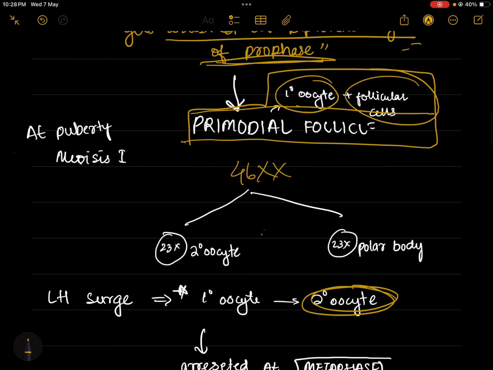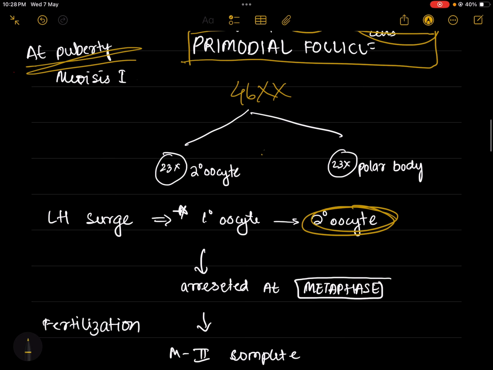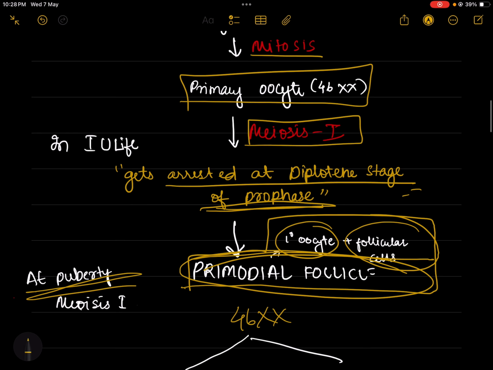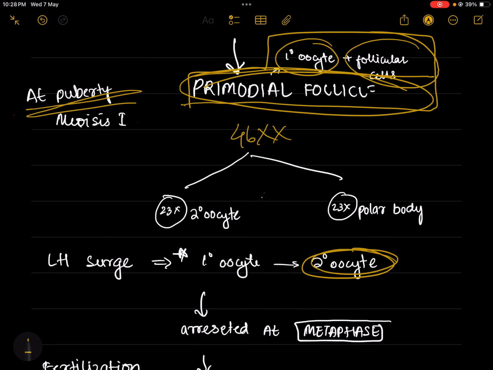Now what happens at puberty? When LH surge happens, the primary oocyte in the primordial follicle will complete meiosis 1 division, because of which the 46 XX chromosomes of the primary oocyte are halved.